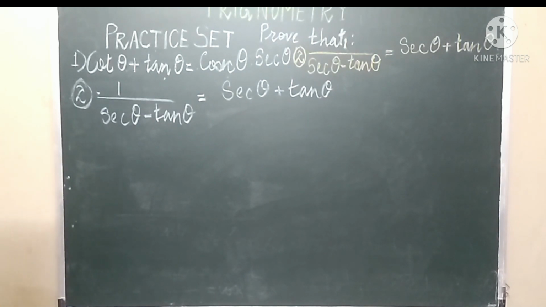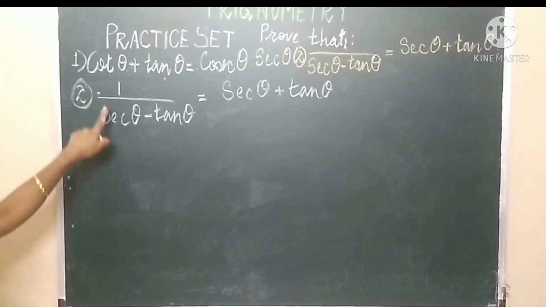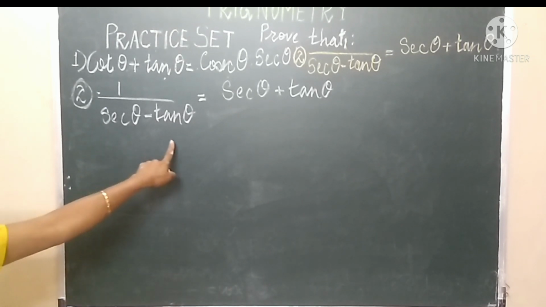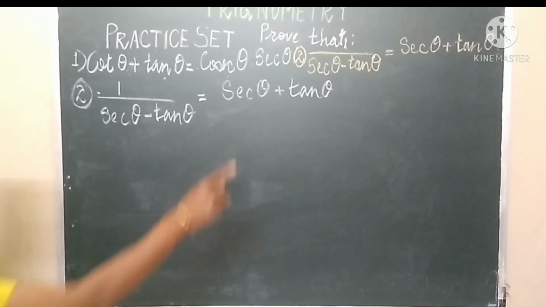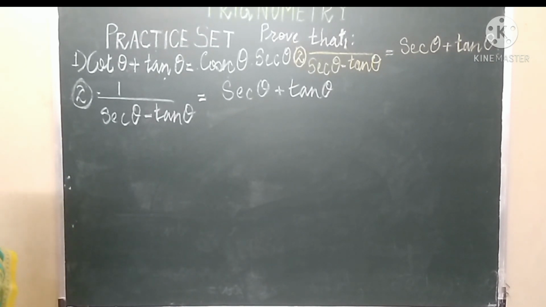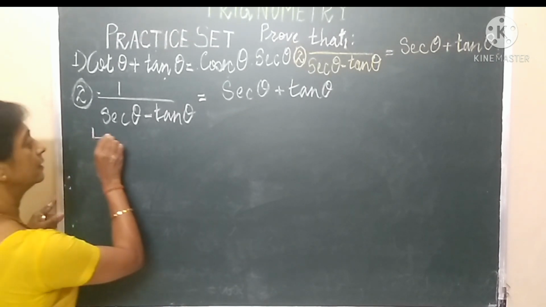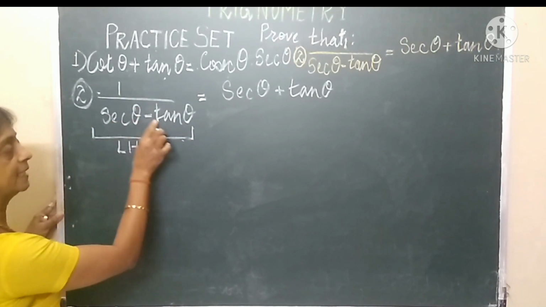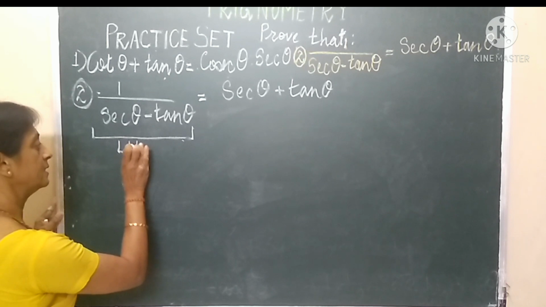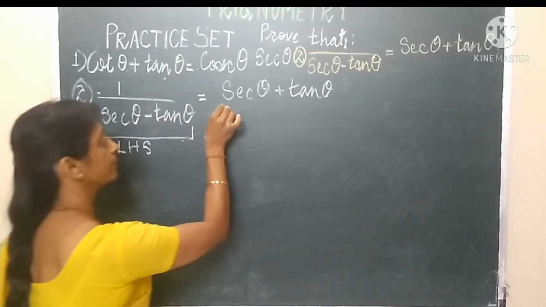Now again children, over here what do we have? We have 1 upon sec theta minus tan theta you have to show is equal to sec theta plus tan theta. Again, the expression 1 upon sec theta minus tan theta is the expression on your left hand side.